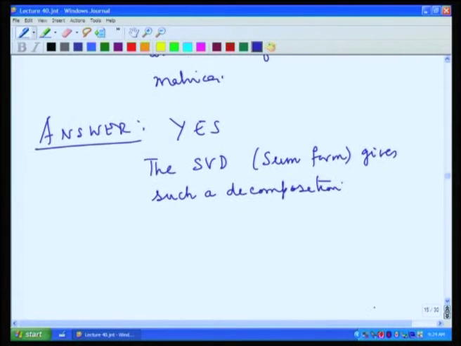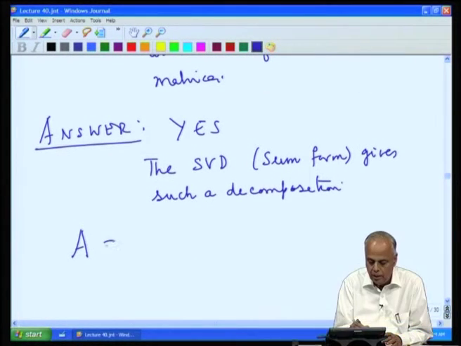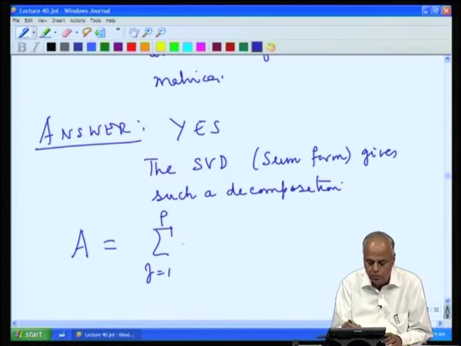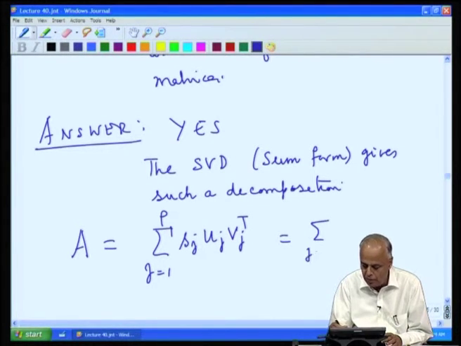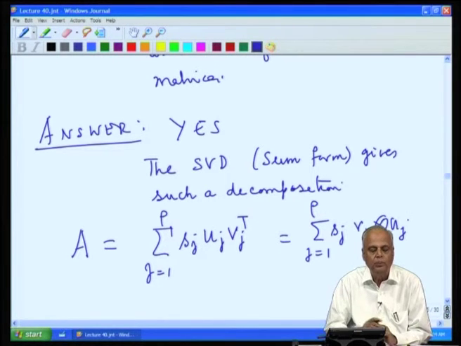What was that decomposition? A equals the summation over j from 1 to rho of S_j u_j v_j transpose, which can also be written in our tensor notation as S_j v_j tensor u_j.